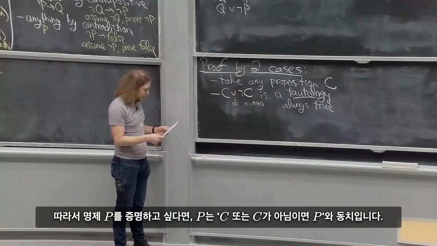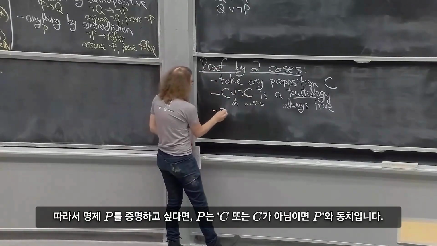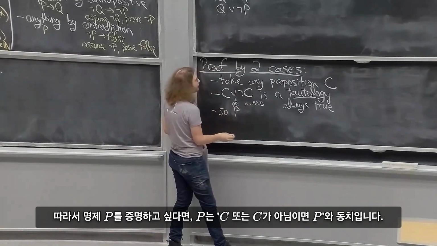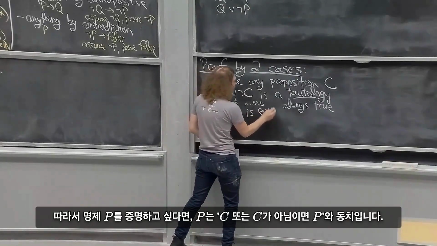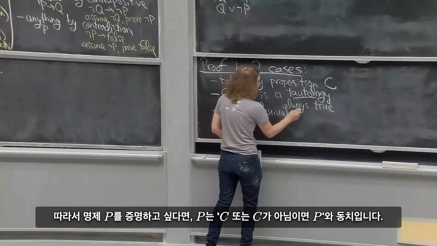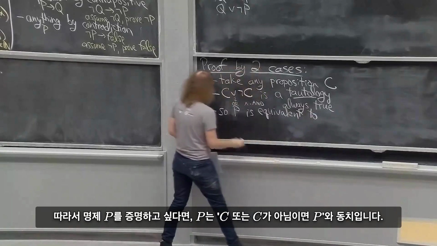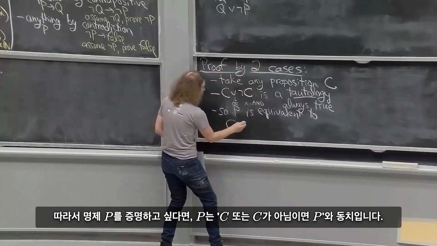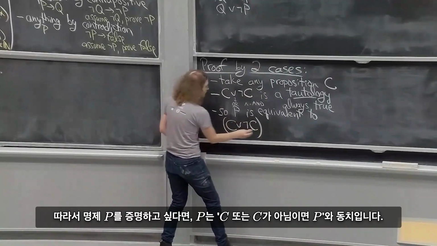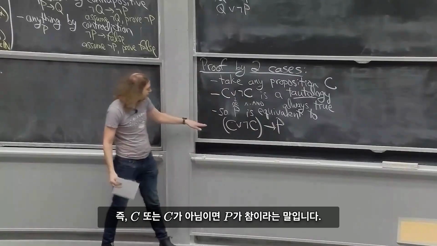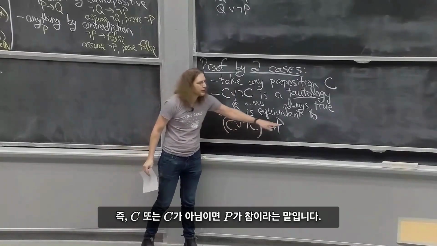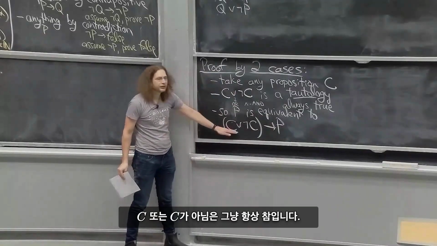And so what this tells us is that our proposition P, let's say we want to prove P, is equivalent to C or not C implies P. So this is saying if C or not C, then P is true. C or not C is just always true.